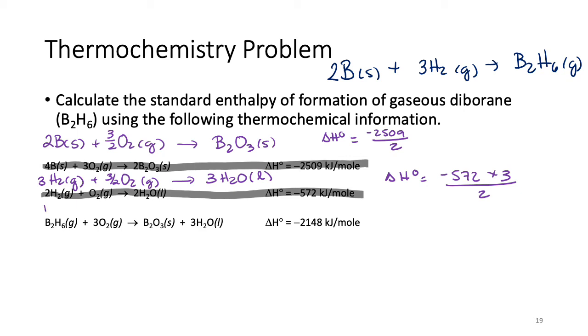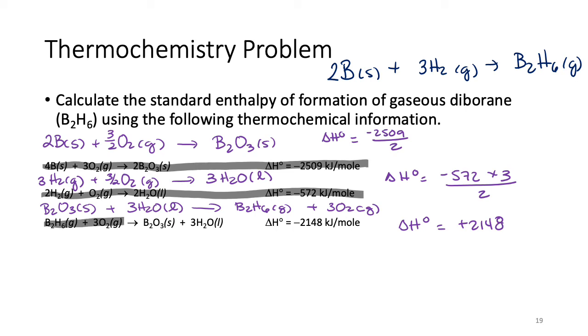So I have B2O3 solid plus 3 waters liquid make B2H6 gas plus 3 O2 gas. I flipped my equation, which means I need to flip the sign, and it's now going to be positive.